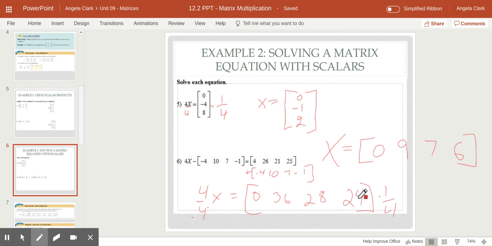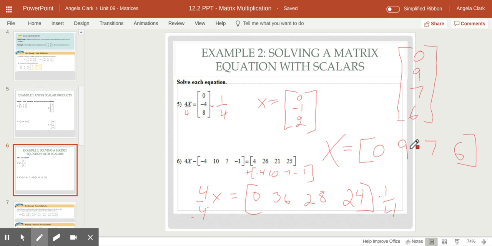Note one thing really quickly, that this matrix is not the same as this matrix. So make sure that you're writing it in the correct direction, because this is not the same thing as this.